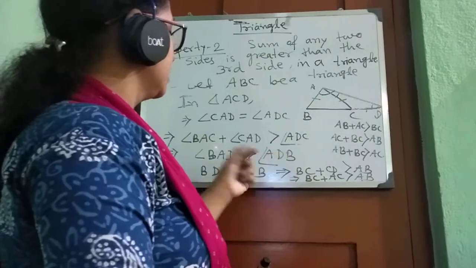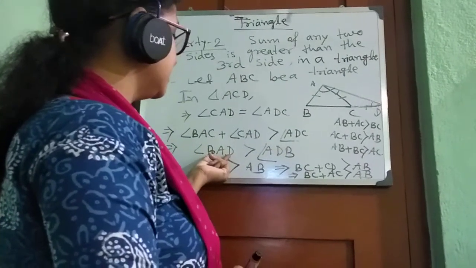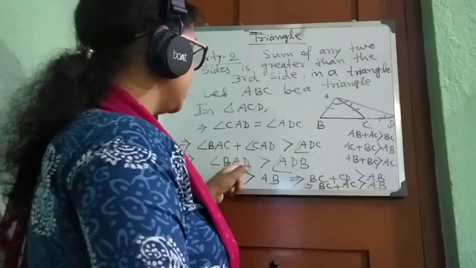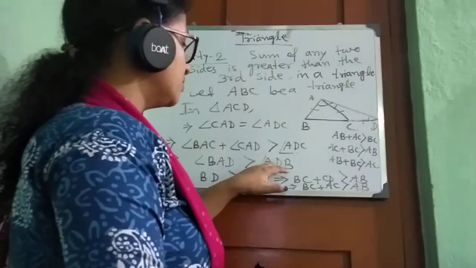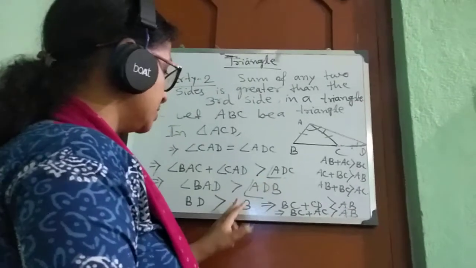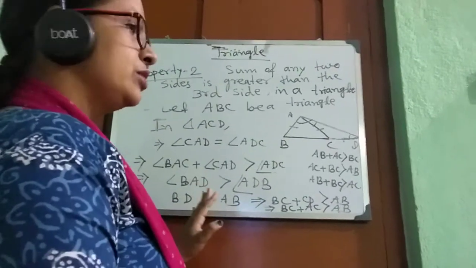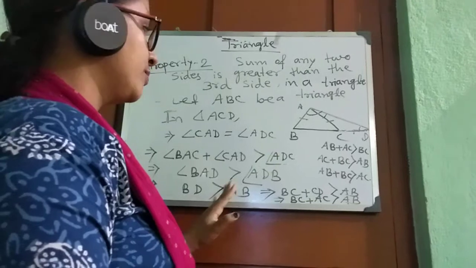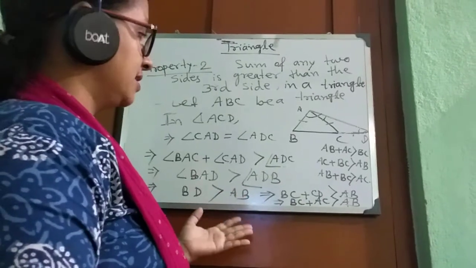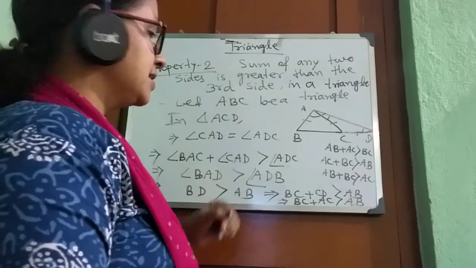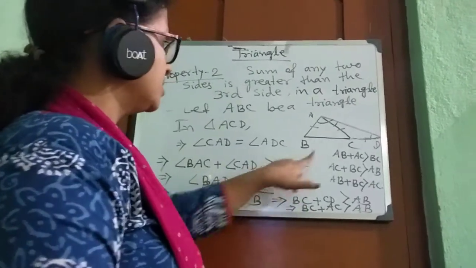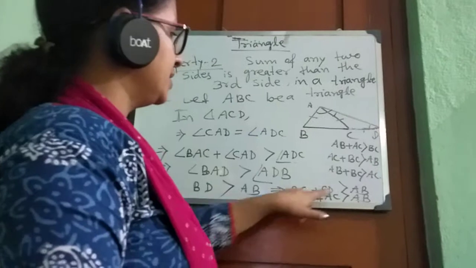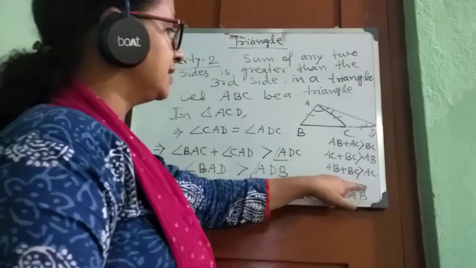When this angle is greater, obviously its opposite side will be greater. This angle is smaller, so obviously this opposite side will be smaller, according to the inequality relation of triangles. When two sides are unequal, this relation holds. And BD we can write as BC plus CD. I have written this, BC plus CD greater than AB.